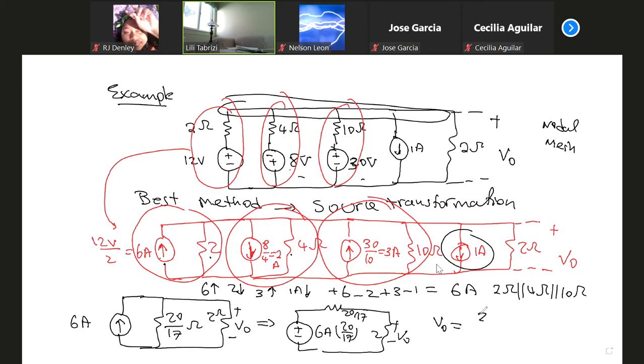Voltage division law is 2 ohm divided by 2 plus 20 over 17, summation 2 ohm, multiplied by total voltage. Total voltage is 6 times 20 divided by 17 volt. That's the main usage of source transformation.